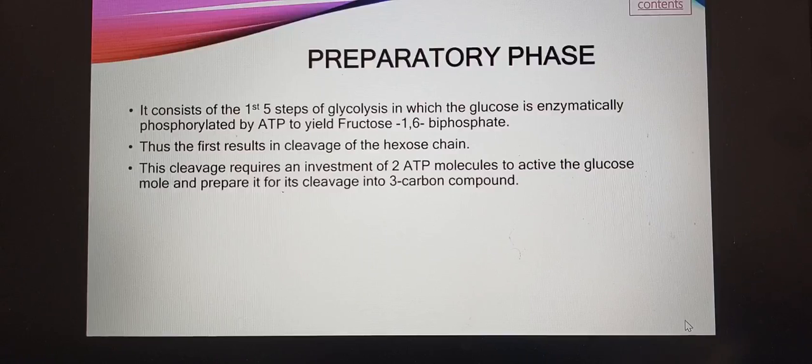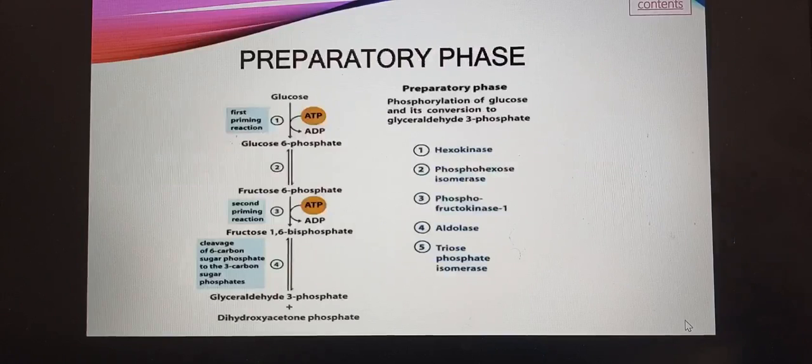Coming to the next slide, we'll study the first phase, that is the preparatory phase.